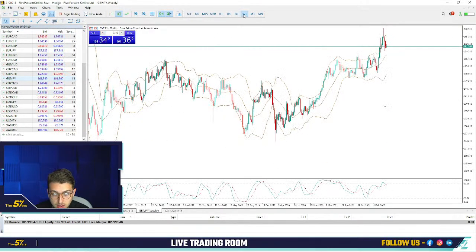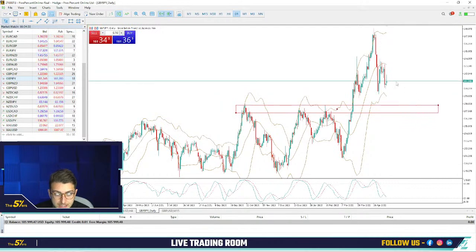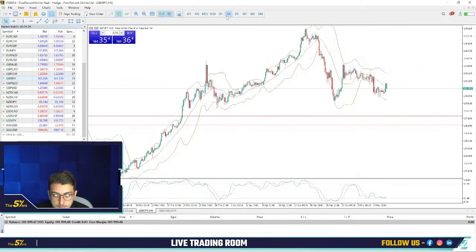Yeah, on the pound yen also it can be a nice spot. We didn't reach this zone.